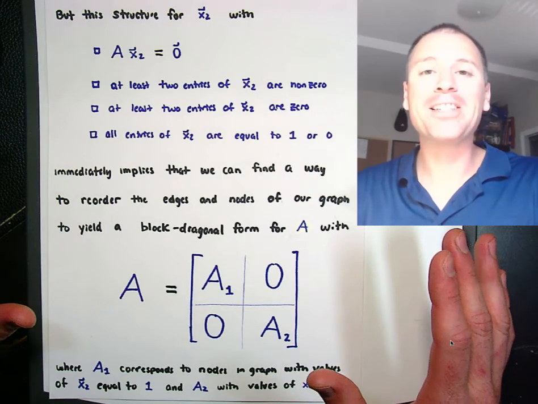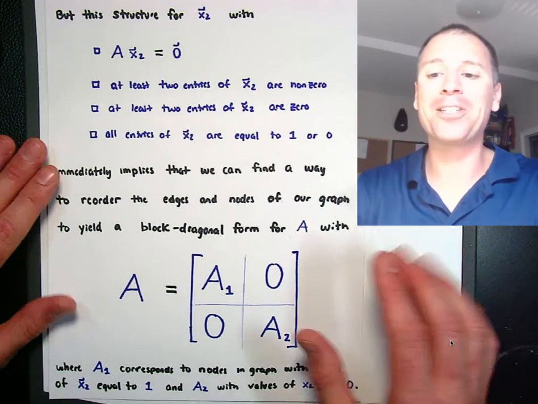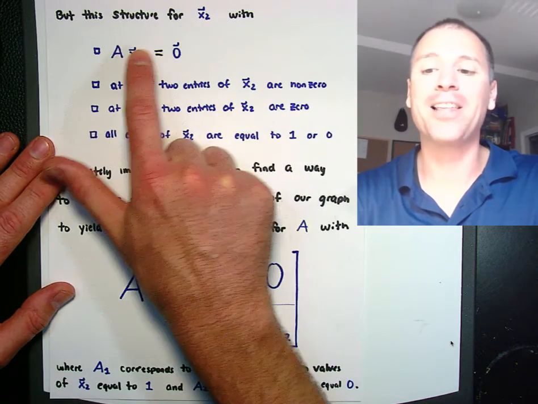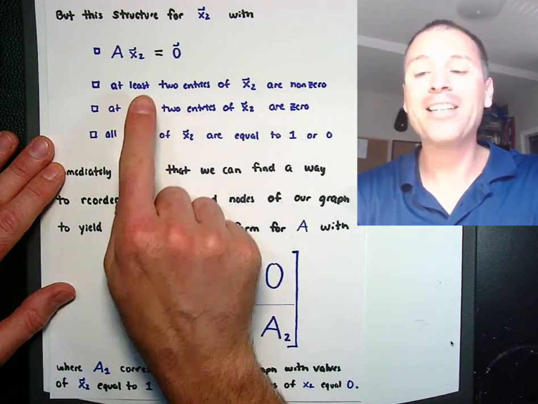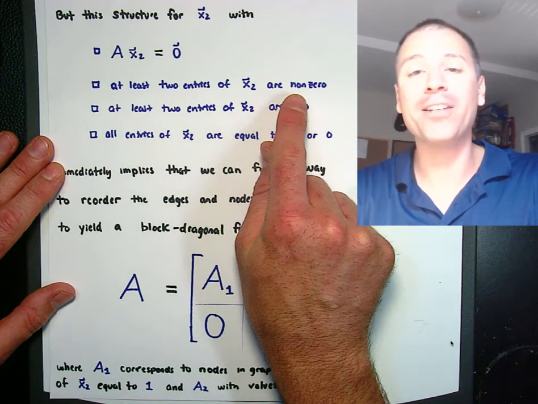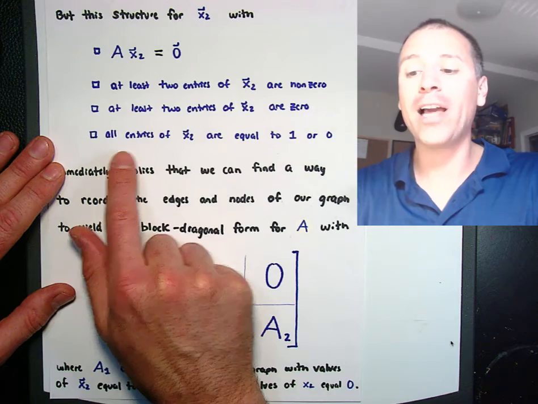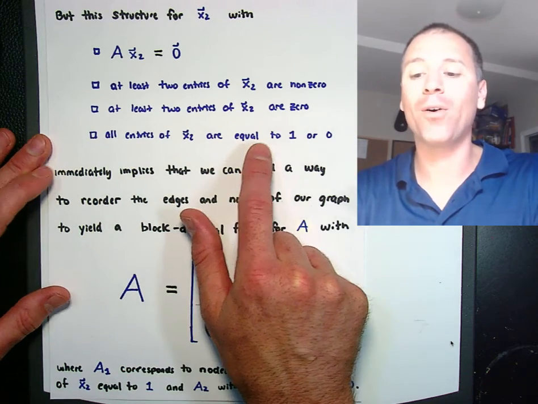But these observations lead to our contradiction. Specifically, we're saying that we should be able to find a non-zero value of x2 such that A times x2 is 0. At least two entries of x2 are non-zero. At least two entries of x2 are 0. And all entries of x2 are either 1 or 0.